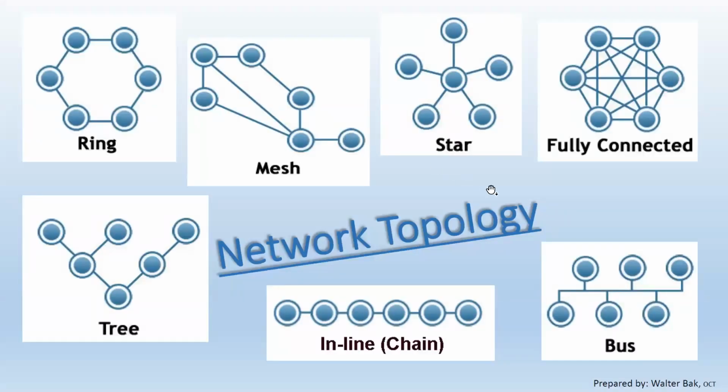We talked about network types. Now we're going to talk about how networks are actually connected physically and or logically together. There are different ways of symbolizing the network topology.